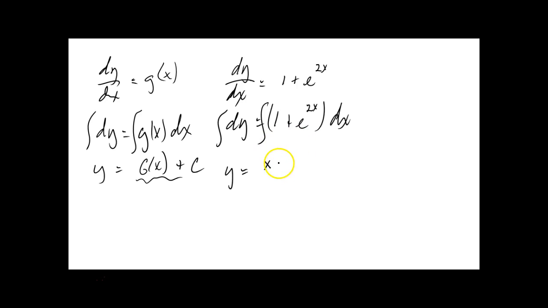The antiderivative of e to the 2x would be 1/2 e to the 2x. And then you'd have a plus c, okay, which again would be your single parameter. All right.